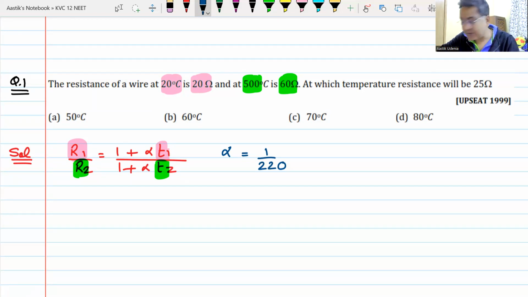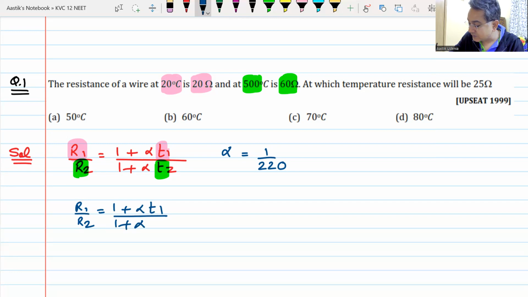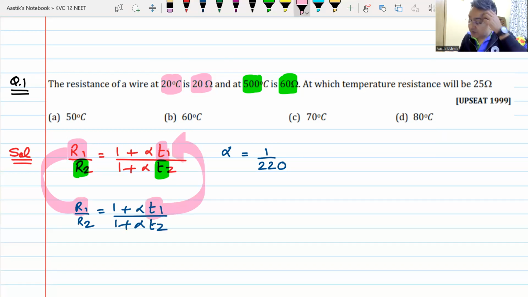Once you get the value of alpha, you can again apply this formula: R1 by R2 is equal to 1 plus alpha into T1 upon 1 plus alpha into T2. Your R1 still remains this. Your T1 still remains this. The only thing is now your R2 will become 25.